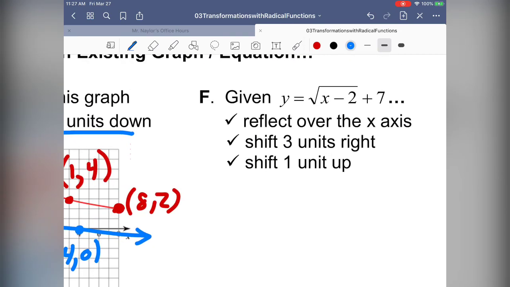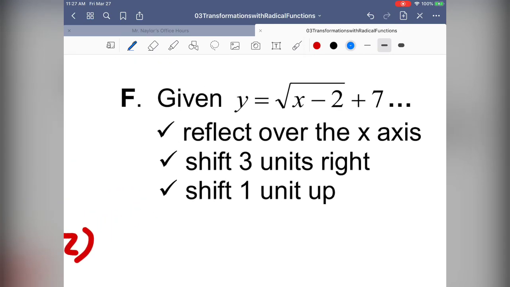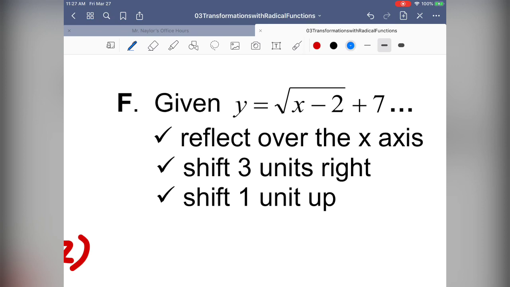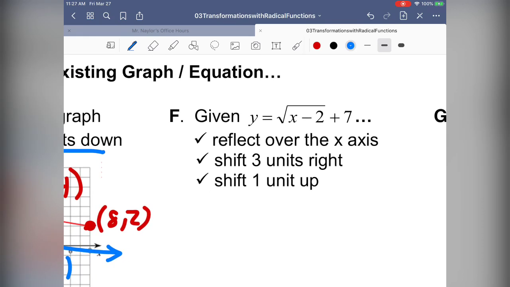Can we take an equation and transform it? Yes. All we have to do is start putting in the additional pieces. So if I want to reflect this graph over the x-axis, then we're going to have to put a negative sign in front.